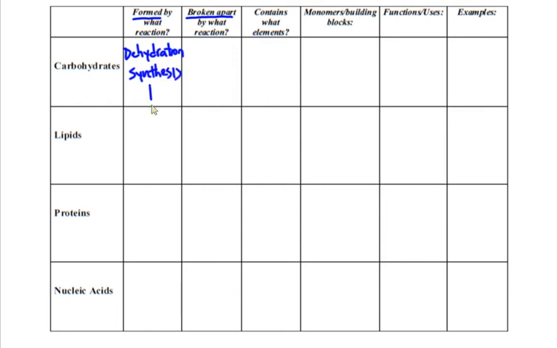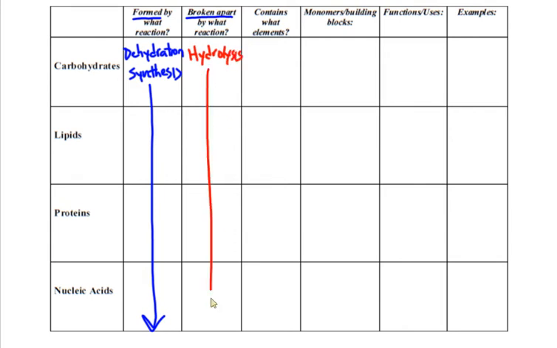And this is going to be consistent with all of them. On the contrary, whenever we are breaking down, we need to add that universal solvent, that good dissolver. And that is going to be hydrolysis. And that is consistent the whole way down.